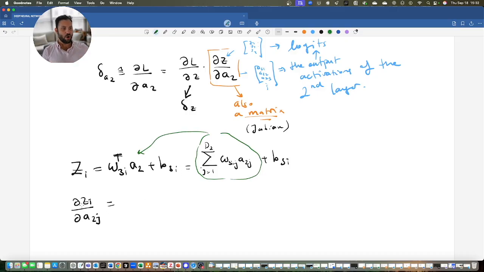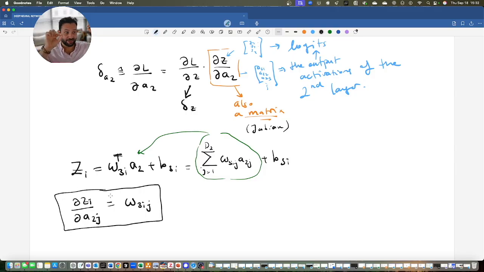And so I know for zi, if I calculate the derivative with respect to any of the a2j's, everything disappears and only one thing remains, and that's w3ij. So that's the derivative for dzi dA2j, right?